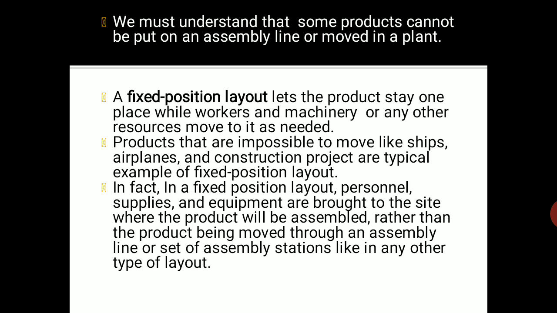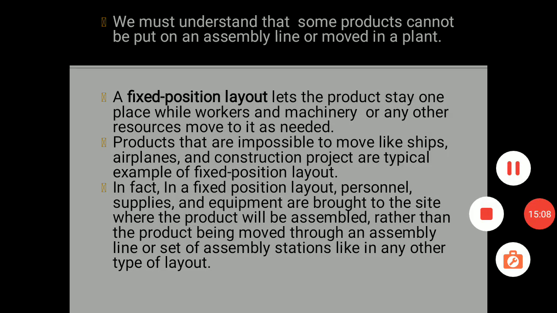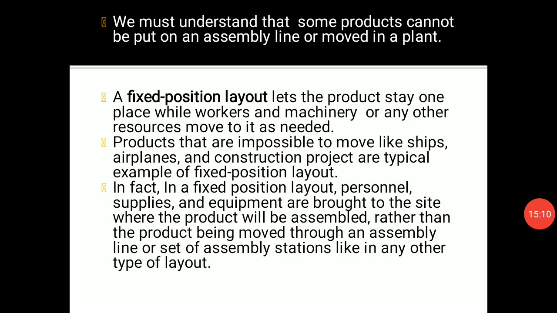That means in any other layout, it was the product that used to move from one process to another. But what happens here, under the static layout, we don't move the product. Instead, everything else, it may be personnel, supplies, equipment, any kind of other resources, we bring it to the product, and that is what is known as the fixed position layout.